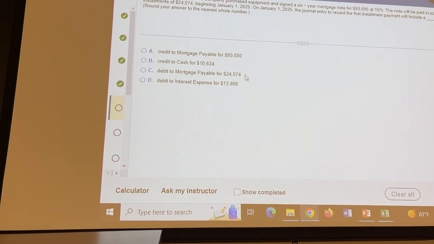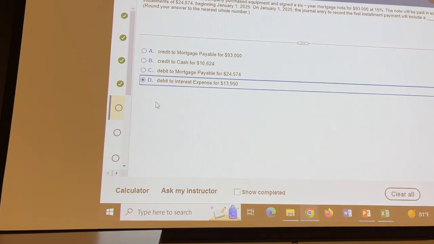Part of it's going to be interest expense. The only thing that would make sense here would be the last one, debit interest expense for $13,950, because we know of that payment of $24,574, part of it's going to be debited to mortgage payable and part of it's going to be debited to interest expense. So that's the only answer here that would seem to make sense to me.